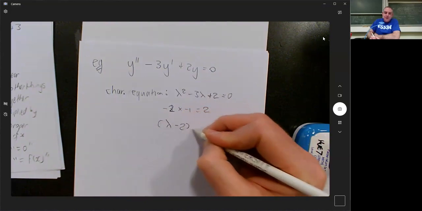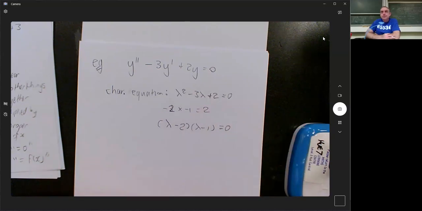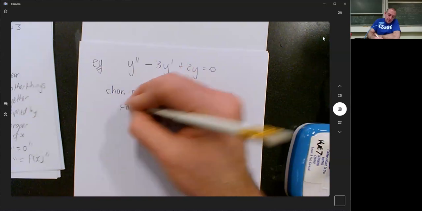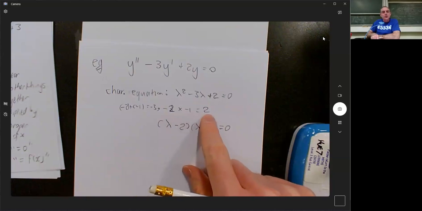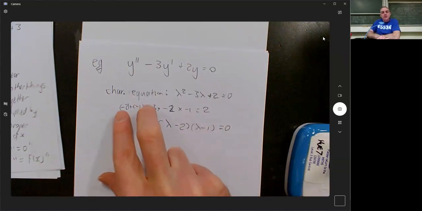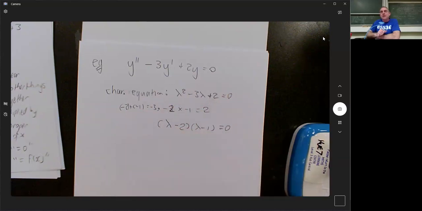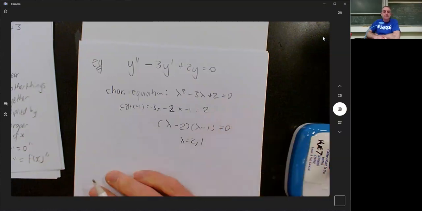Lambda minus 2, lambda minus 1 equals 0. So minus 2 plus minus 1 is minus 3, and minus 2 times minus 1 is 2. And so since these add to give this one and multiply to give this one, I can factorize it like this. And so therefore lambda is 2 or 1.